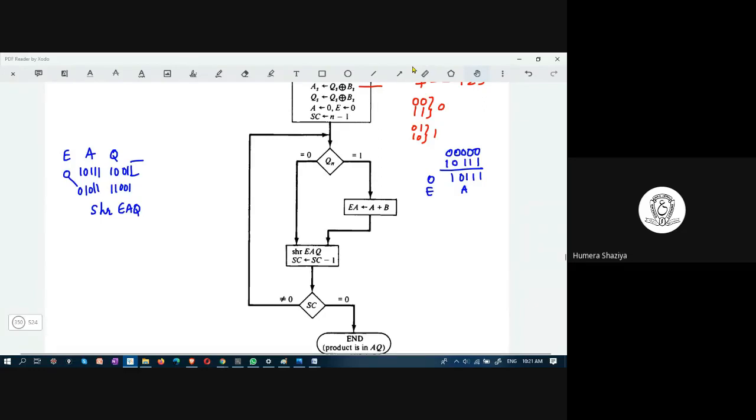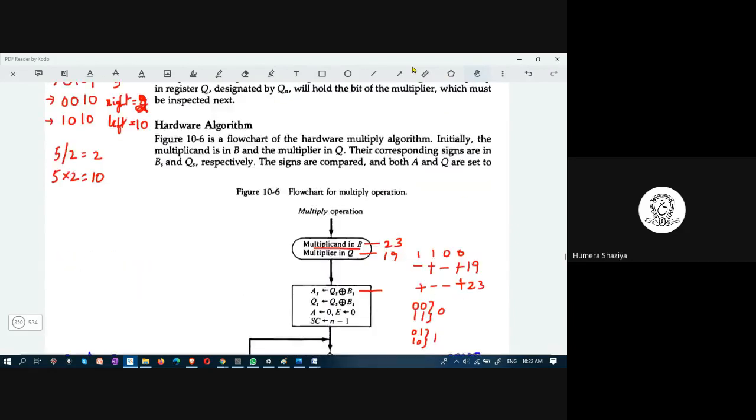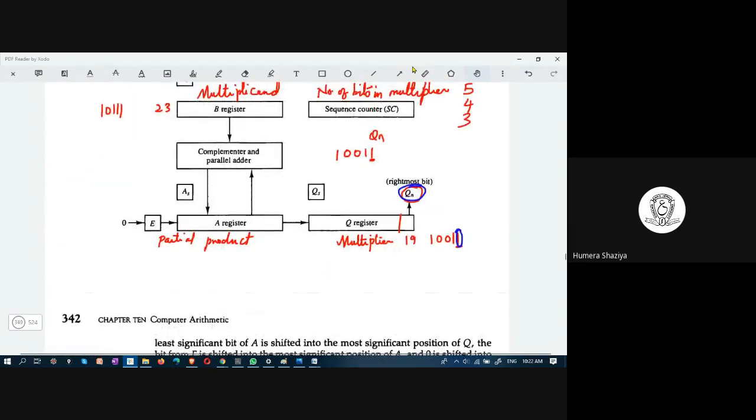And then SHR EAQ. What is EAQ? It is a right shift operation on E, A, and Q together.